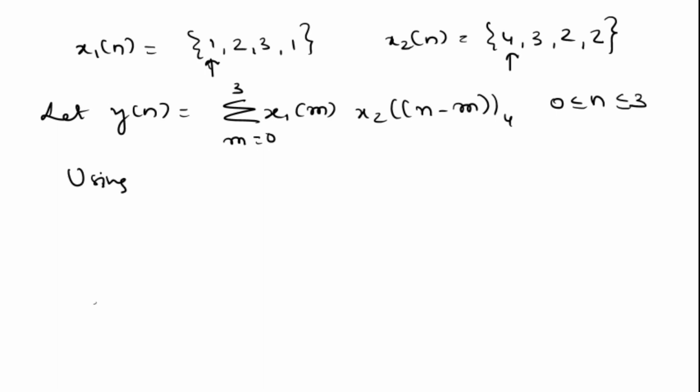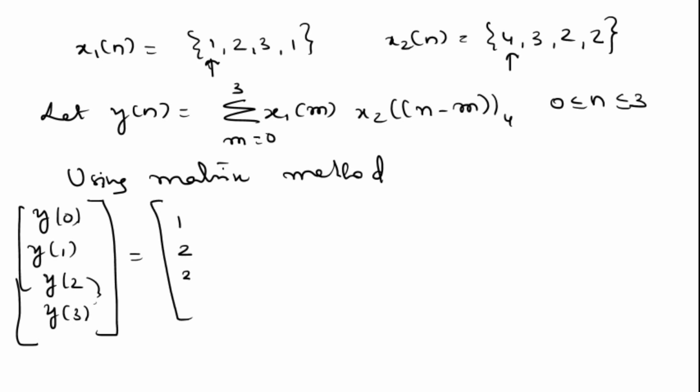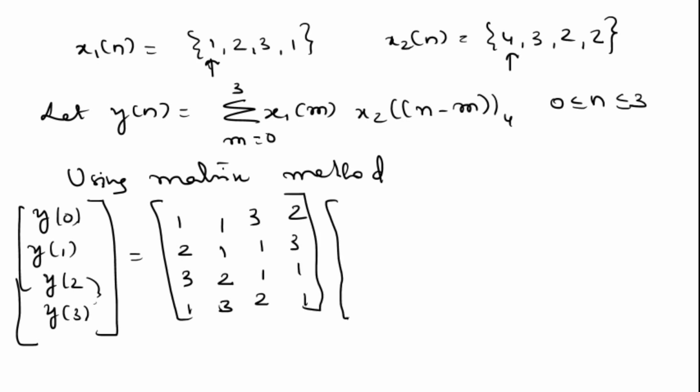Now using matrix method, we can write y of 0, y of 1, y of 2, y of 3 is equal to 1, 2, 3, 1, 1, 1, 2, 3, 3, 1, 1, 2, 2, 3, 1, 1. That is multiplied with 4, 3, 2 and 2.